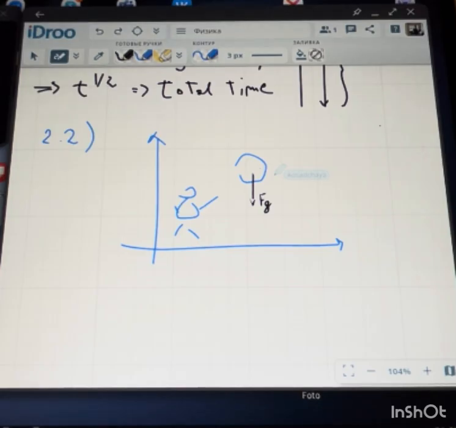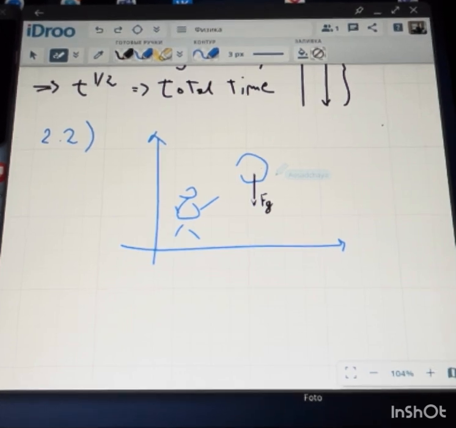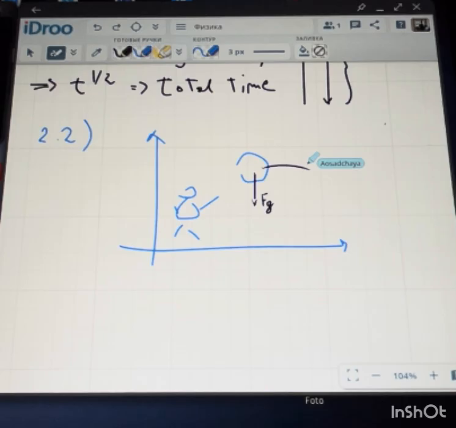Now, what direction is the acceleration having? Vertical down, isn't it? So this is the only force that we have.